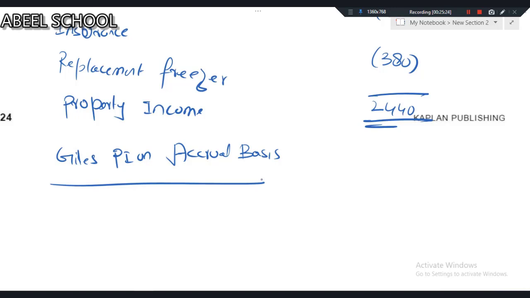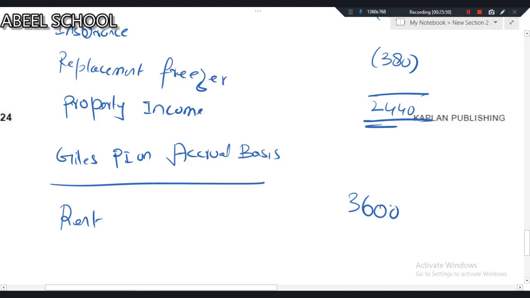Because if your tenant is living in the property, even if he has not paid rent to you, it becomes accrued. Obviously, if someone is living in my property for 12 months, then I'll be simply asking rent for the 12 months. So even though I'm receiving some of the rent in the relevant tax year, and some of the rent I'll receive in another tax year, still on accrual basis, the entire rent falls in the tax year 22-23. So first difference, rent will be of 12 months, 3,600.